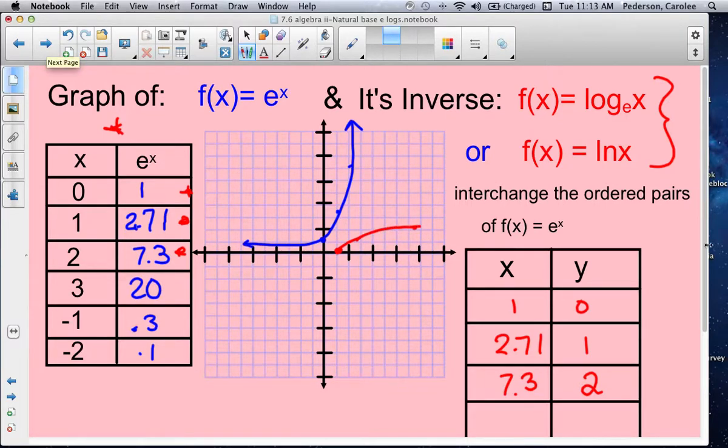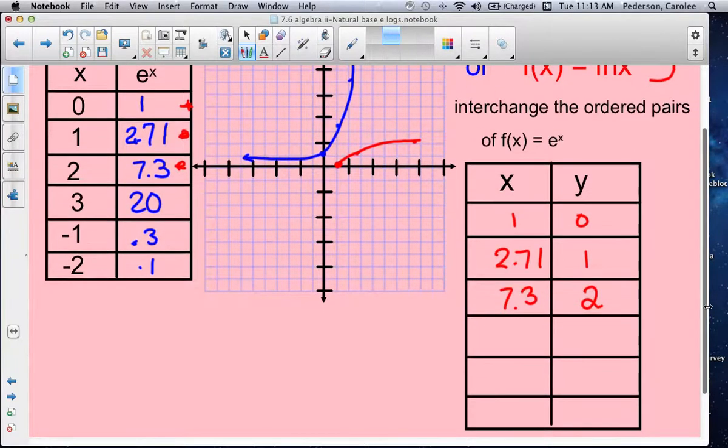Now if we graph these 2 and interchange them, we get 0.3, negative 1, and 0.1, negative 2. So over just a very small amount, down 1, and then over an even smaller amount, down 2. And here's what the graph will look like.